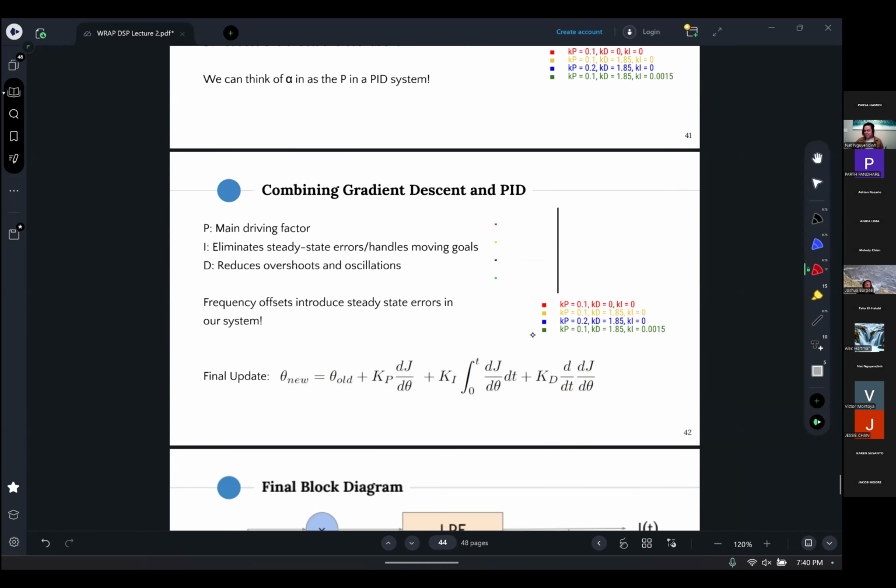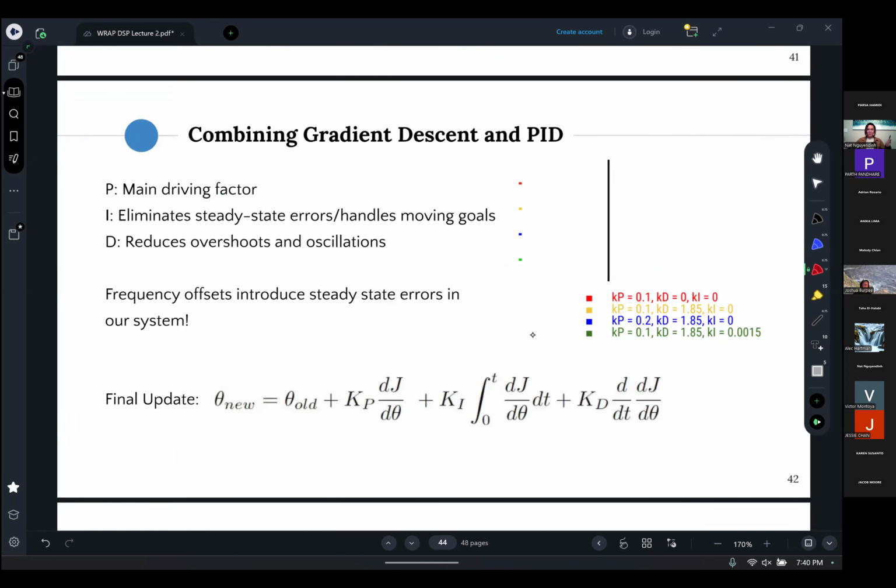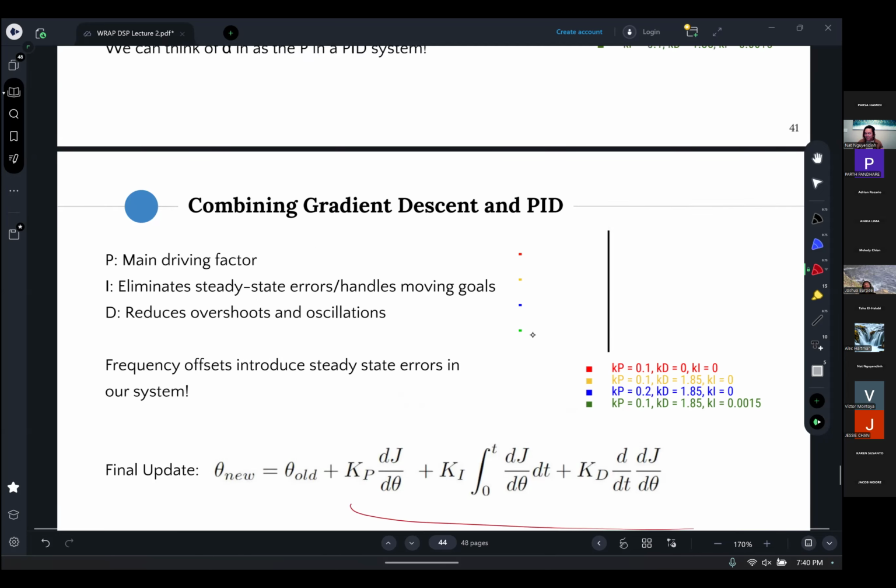So if we combine PID with what we're talking about now, we can use the derivative of the error function as our error term within a PID setting, and then we can have three different coefficients representing the proportional, integral, and derivative coefficients in a regular PID system, and then use this term to update our guess for theta, the phase, instead of just this one.